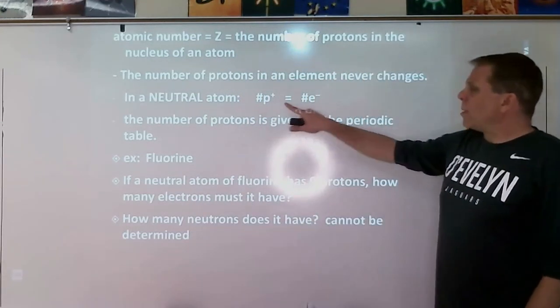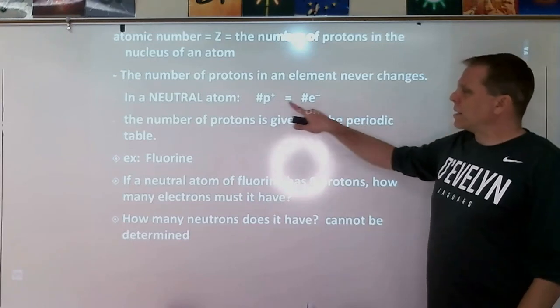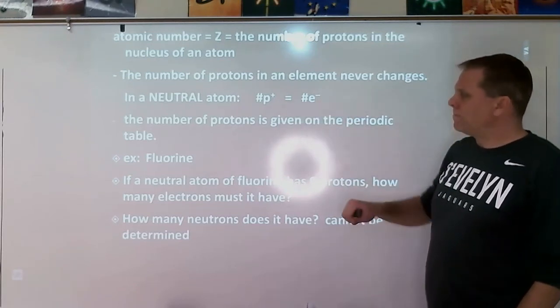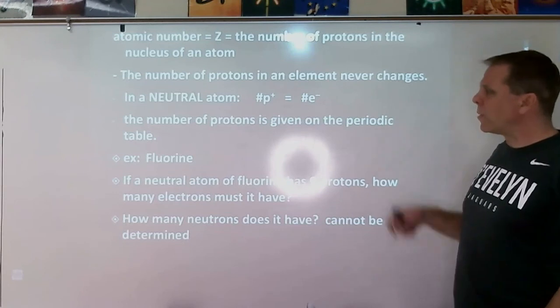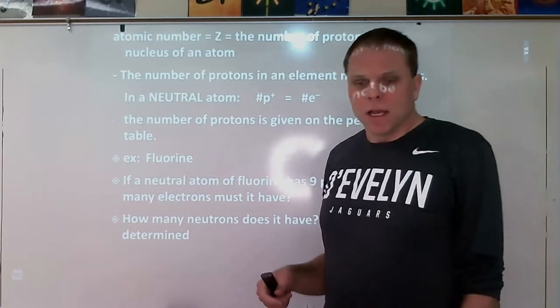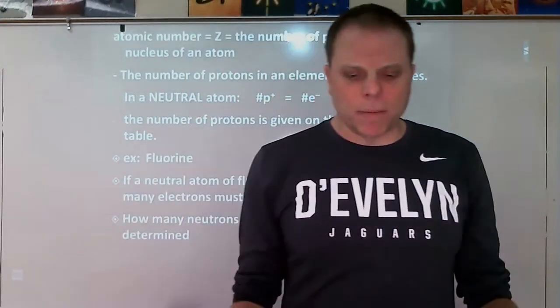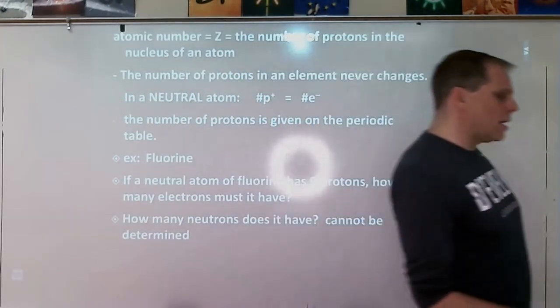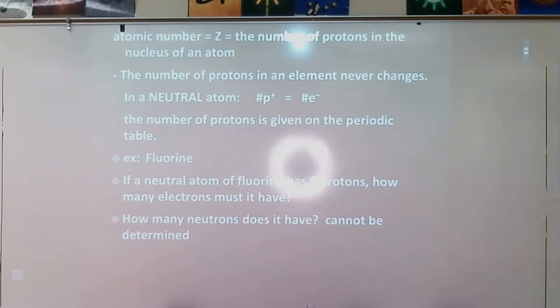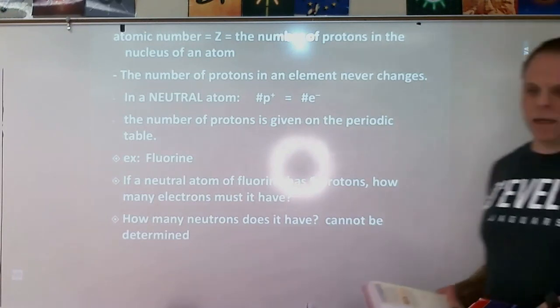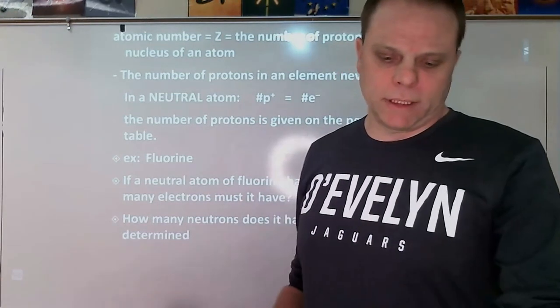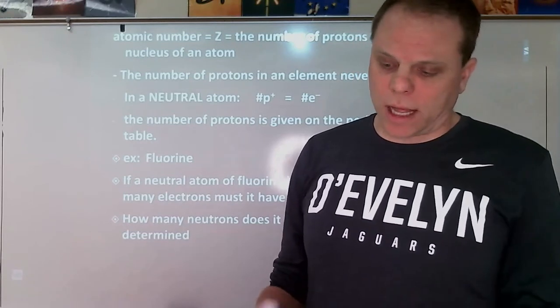So, again, remember, protons and electrons are going to be equal in a neutral atom. And we can find the number of protons on the periodic table. So for instance, for fluorine, look up fluorine on the periodic table. You can open up your books and you'll see it, or you can look at the periodic table that I've given you on your website in the Google Classroom.